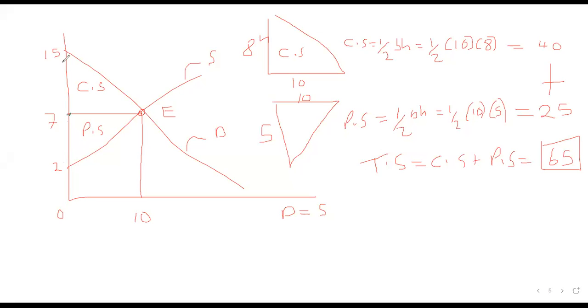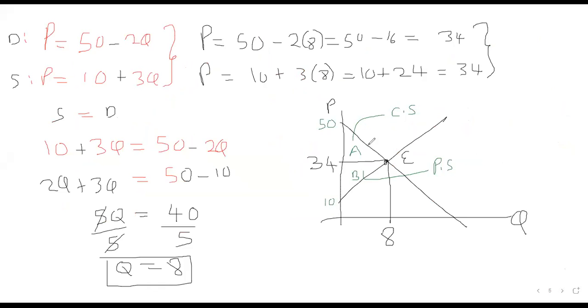So this is called the producer surplus. Consumer surplus is the price above which the consumer is willing to pay. You know that the market price for tomato is 7 kwacha. I can even pay 15 kwacha. So the area below the demand curve is called consumer surplus. The area above the supply curve is called the producer surplus.